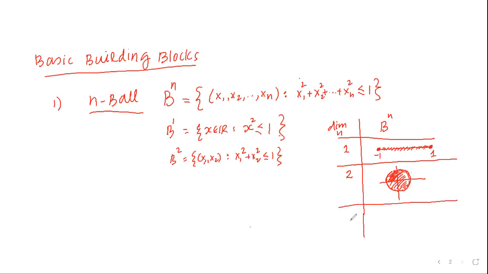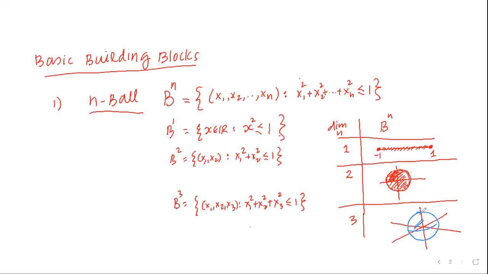And if we take 3, B3 will be all those points x1, x2, x3 such that x1 square plus x2 square plus x3 square is less or equals to 1. So in R3, this will be filled inside, all points which satisfy these conditions.